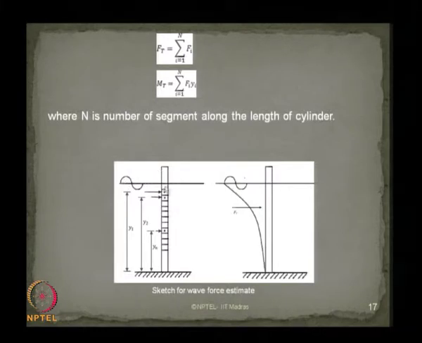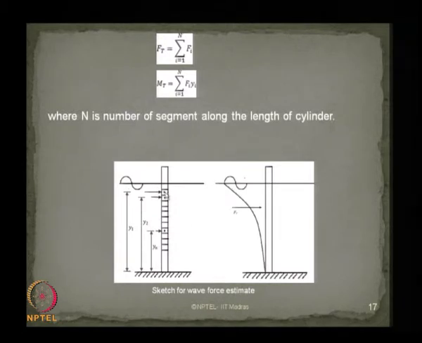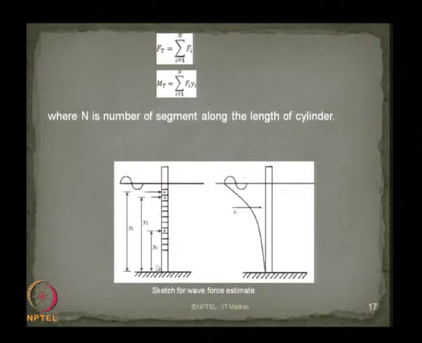You divide the member into n number of segments, and for each segment you fix the centroid, because you know the geometric dimensions of this segment, so you can always find its geometric center and measure the distance of that from the fixed end. I call that yi, where i is the ith member, which can be computed.